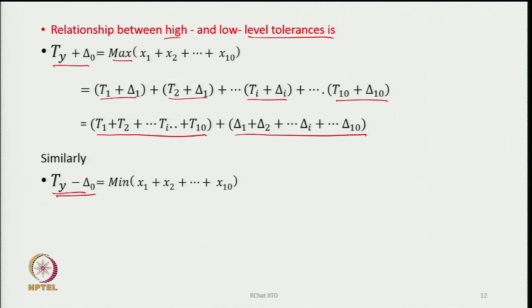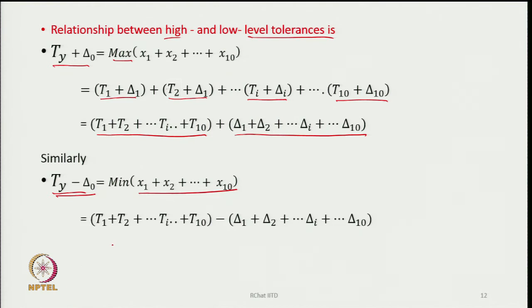subtracting the tolerance, this is the tolerance in which T_y is going to lie. So, T_y minus delta_0 is going to be the minimum of this.